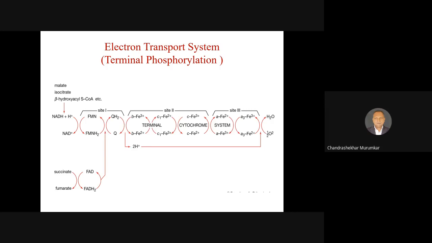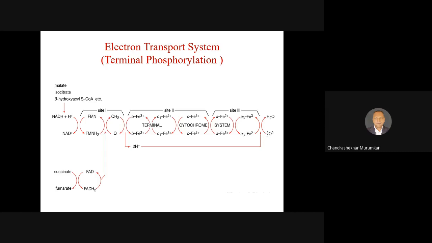The next site involves a chain of cytochromes where cytochrome B, cytochrome C1 and cytochrome C are involved. They are passing the electrons one by one. And last is the terminal oxidase enzyme, involving cytochrome A and cytochrome A3.